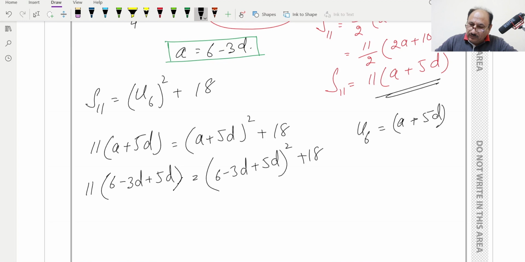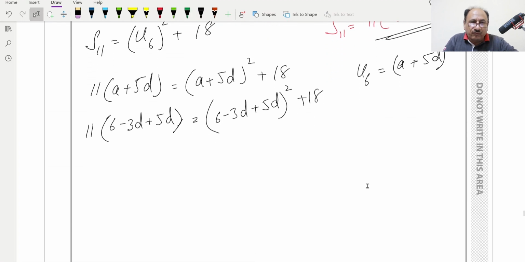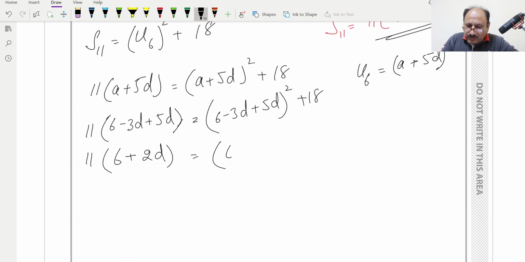Now we can write the next step. First we'll add the like terms inside the bracket, so it will be 6 plus 2d is equal to 6 plus 2d squared plus 18.